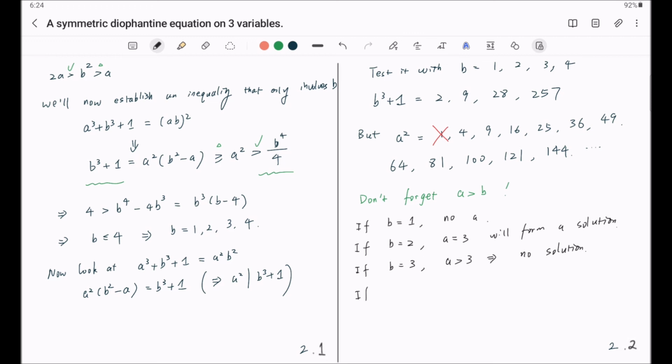And next, if B is equal to 4, then B cubed plus 1 is equal to 257. And how many square divisors are there? I guess in this case, none of them could be a square divisor for 257. So there's no solution.